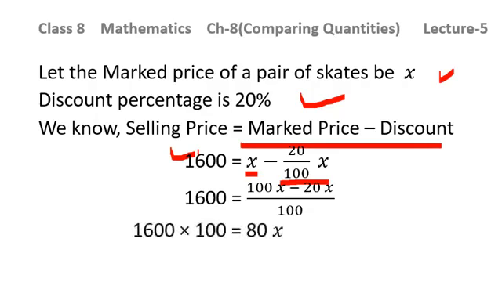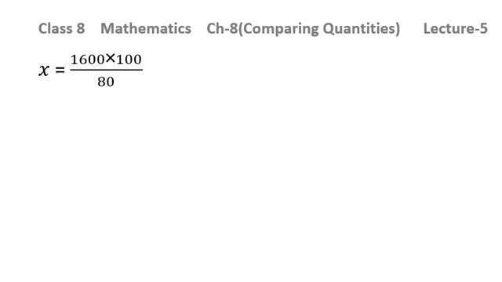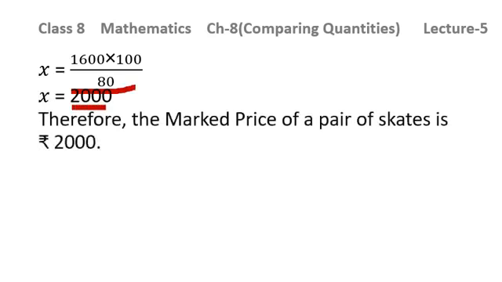This 100 will be shifted here and multiplied by this. So it will be 1600 into 100 is equal to 80x. So x will be 1600 into 100 over 80. After calculating, you will get x is equal to 2000 rupees. Therefore the marked price of the pair of skates will be rupees 2000.